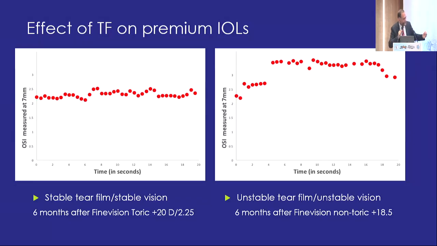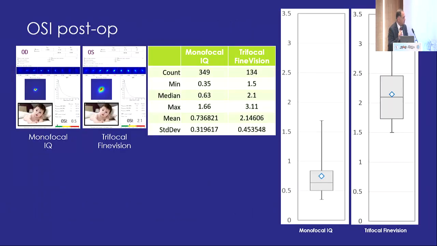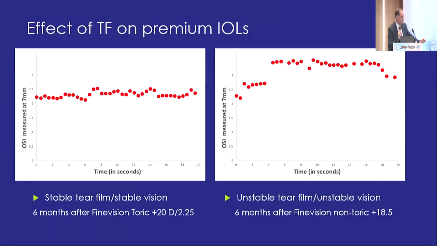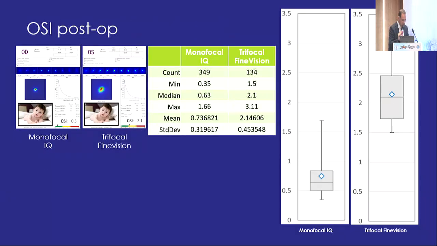If you don't have a very good ocular surface and then you put in a trifocal lens, like in these two patients, the graph on the left has to do with a trifocal toric in a patient who had a very good ocular surface. And already the trifocal lens increases the light scatter, so this patient is falling in the yellow range.